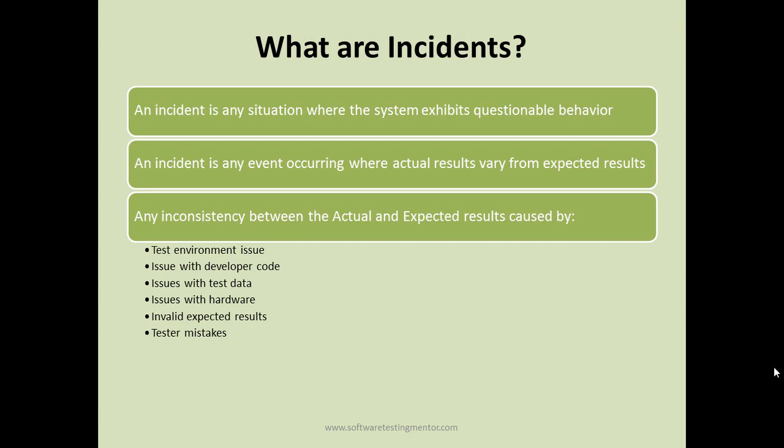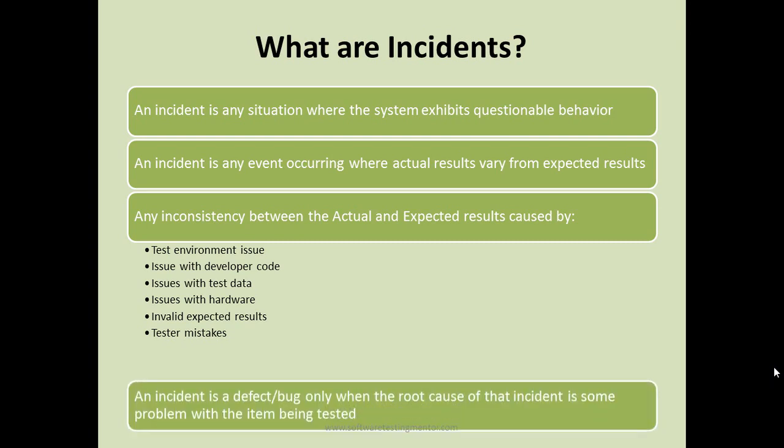So if there is any inconsistency due to a test environment issue, or an issue with the developer code, or the test data, or any issues with the hardware, or even if the expected results that you have mentioned in your test outcome are not valid, in all these situations, if expected and actual do not match, then that inconsistency is known as an incident.